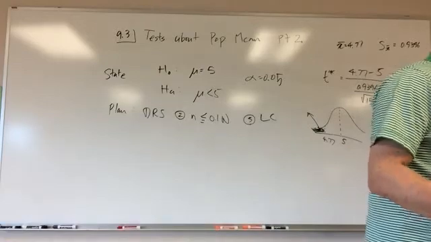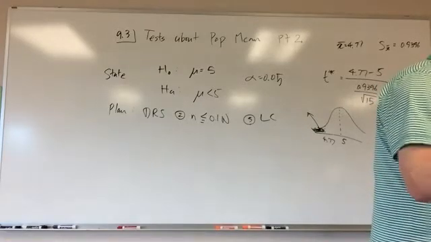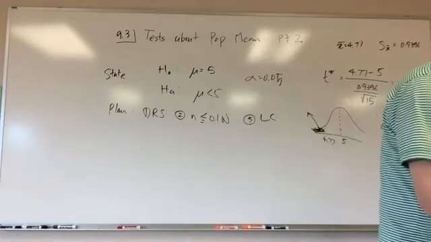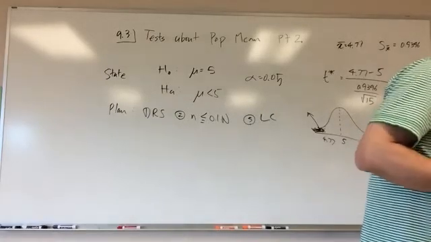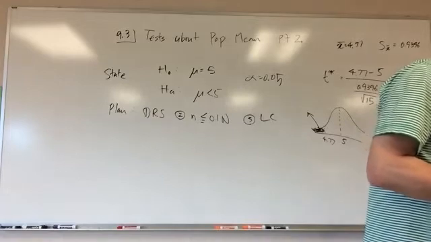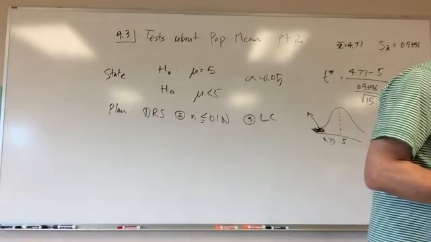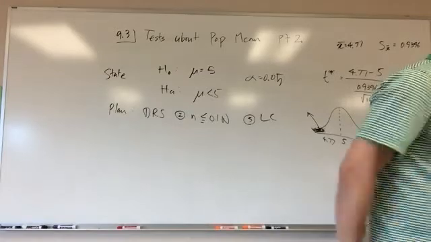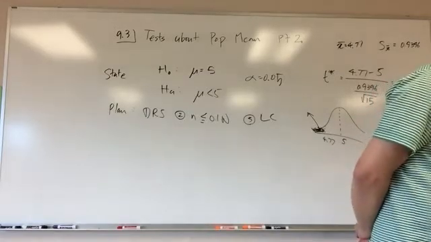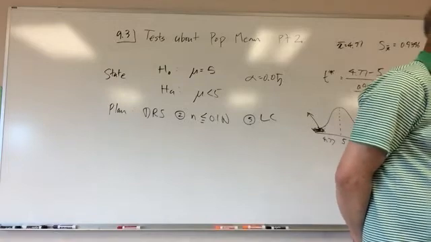Type 2. Because we failed to reject H0 in part A, we could have made a type 2 error: failing to reject H0 when Ha is true.